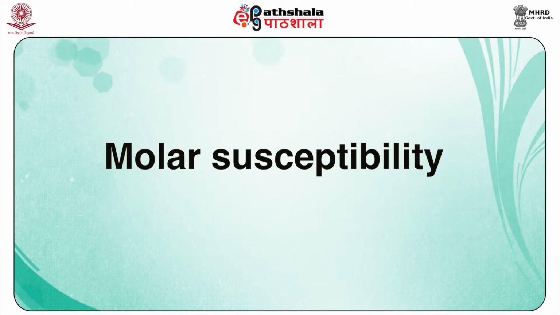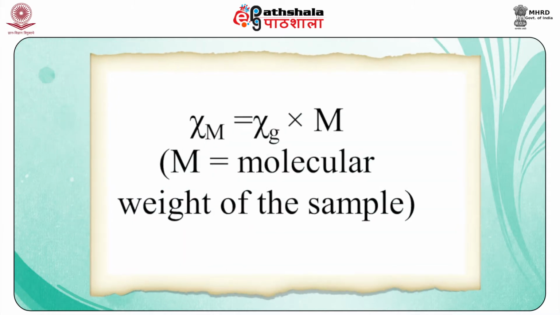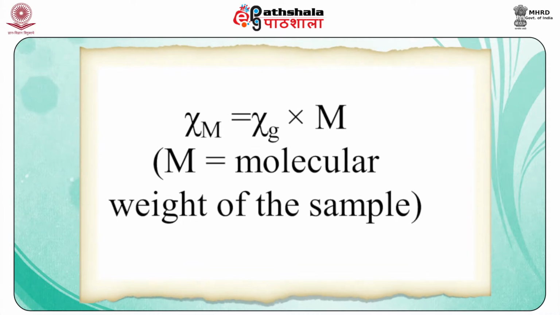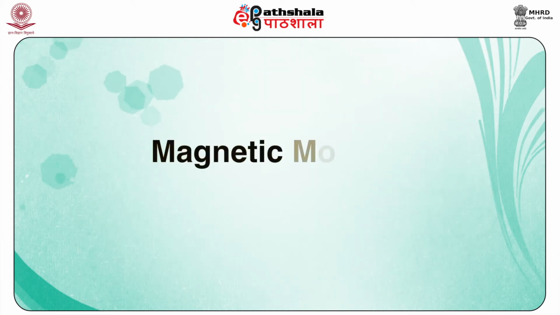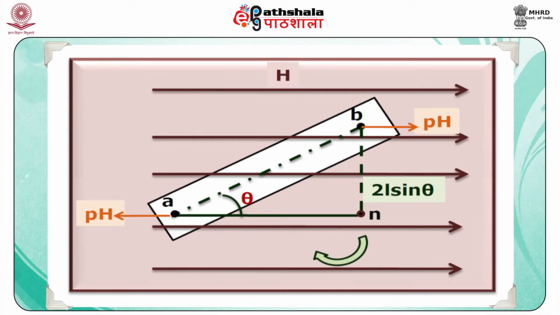Molar susceptibility chi M. Finally, to get our measured quantity on a basis that can be related to atomic properties, we convert to molar susceptibility. Chi M is equal to chi G into capital M, where capital M is the molecular weight of the sample.